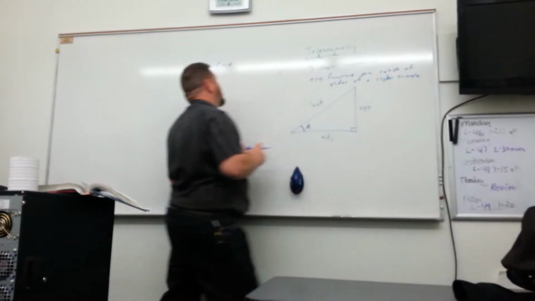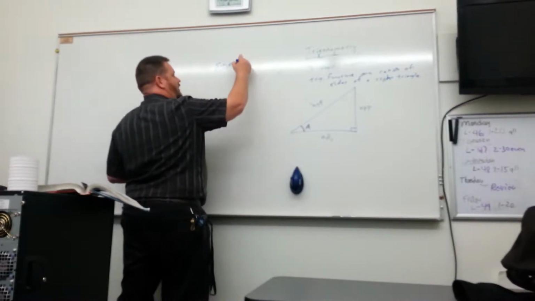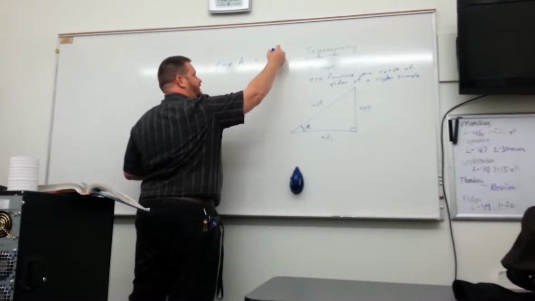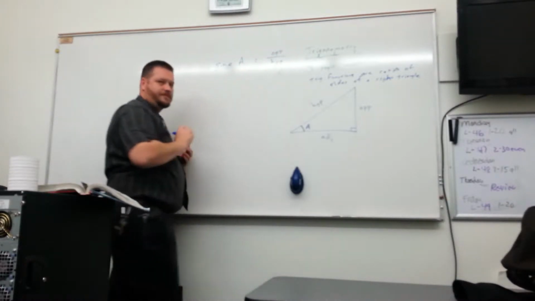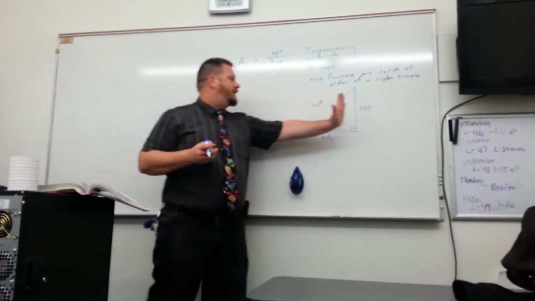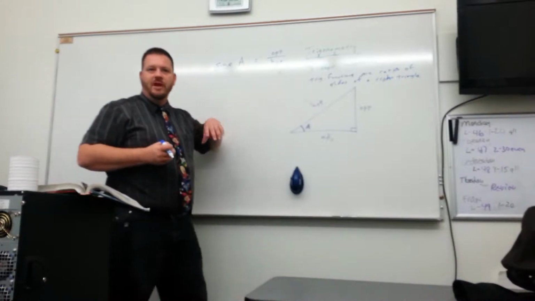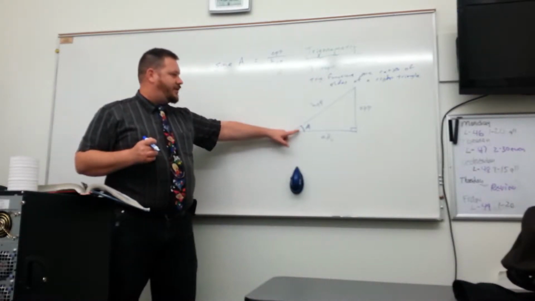So the sine of angle A is the opposite side divided by the hypotenuse. If you take the length of the opposite side and divide that by the length of the hypotenuse, that relationship is called sine for this angle here.